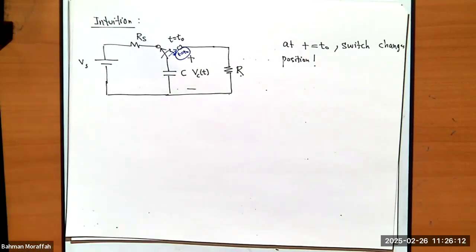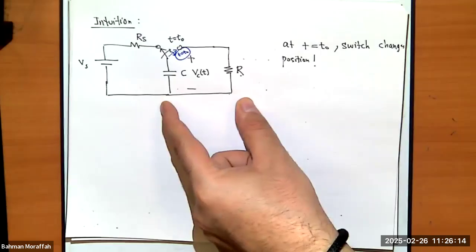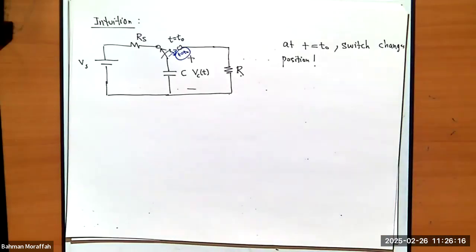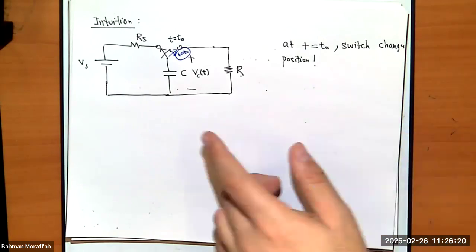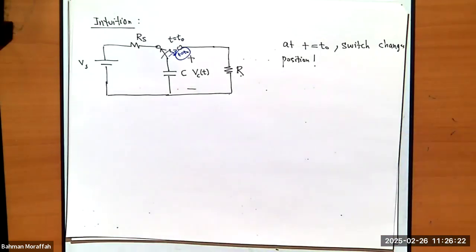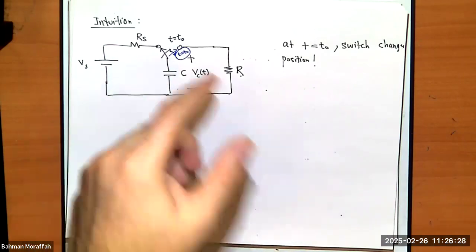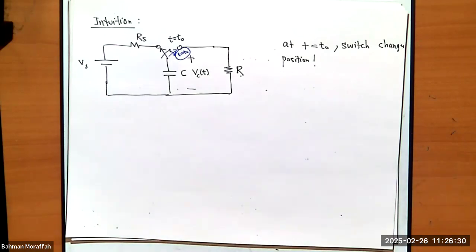Now, if I look at this portion of the circuit, there is no source to supply the circuit. However, since my capacitor was already charged, there is some voltage across it. So this capacitor starts acting like a supply source, and it starts supplying the entire circuit till it's completely discharged.